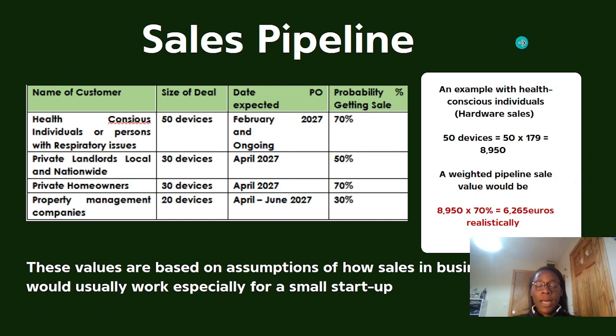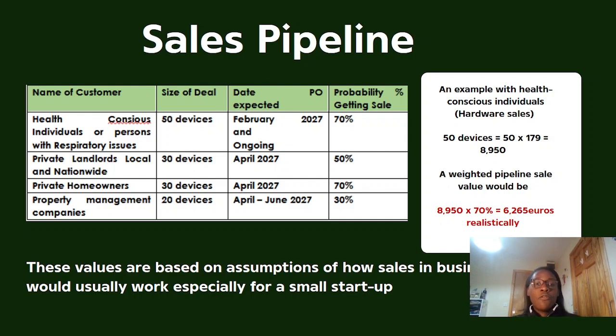So for our sales pipeline, we're basically making some assumptions on what size of deal we can sell to specific customers, and we are exploring the probability of us getting a sale from those customers.